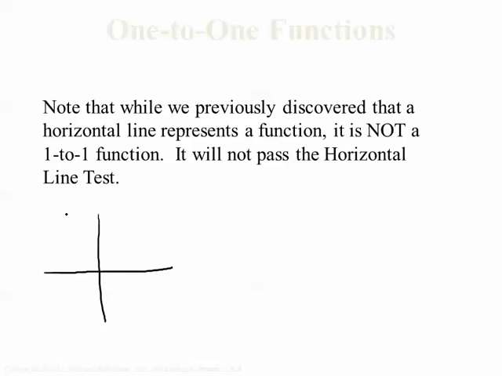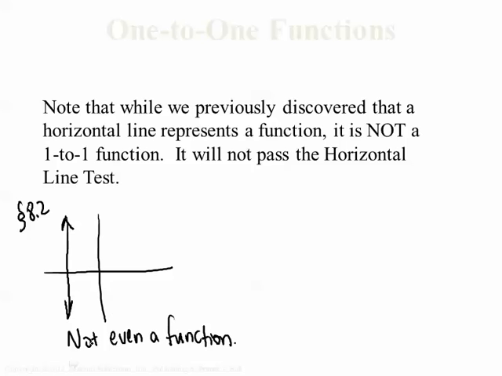One of your homework questions looked like this in section 8.2. Do you remember that? Okay. And we asked, is that a function? No. So that's not even a function.